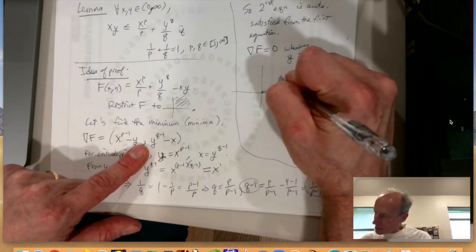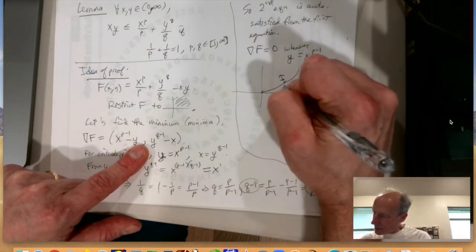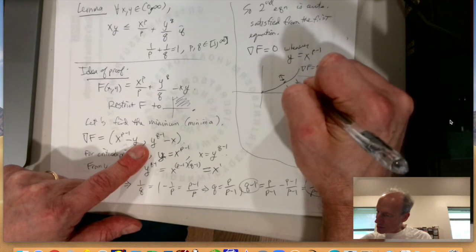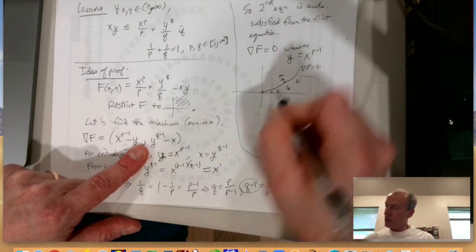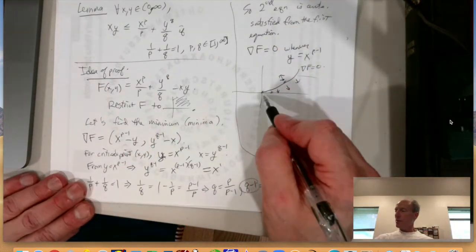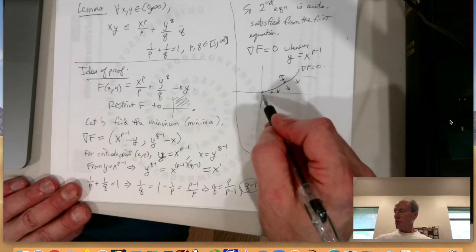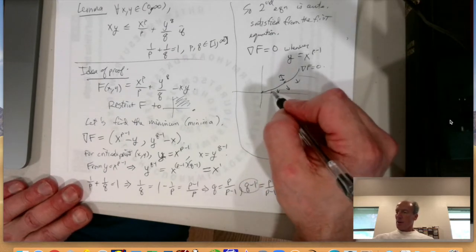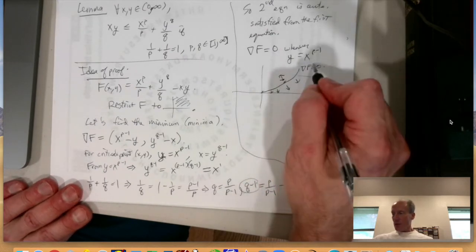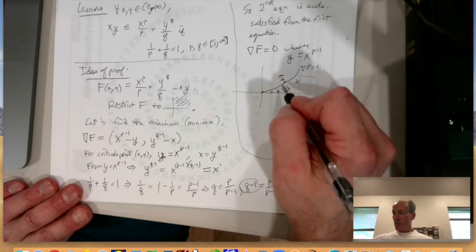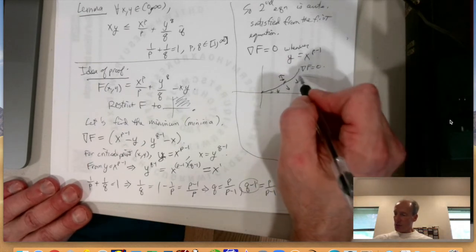So the gradient's 0 here, and if you check other points, it's always moving away. So whatever the value of the function is along this curve, if you move away from the curve, the function goes up. So the minimum is achieved on this curve.